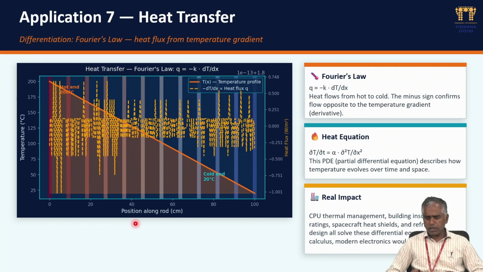CPU thermal management, building insulation ratings, spacecraft heat shields, and refrigerator design all solve these differential equations. Without calculus, modern electronics would overheat. So in heat transfer also, we apply the concept of differentiation, that is the heat equation or Fourier's law, etc.